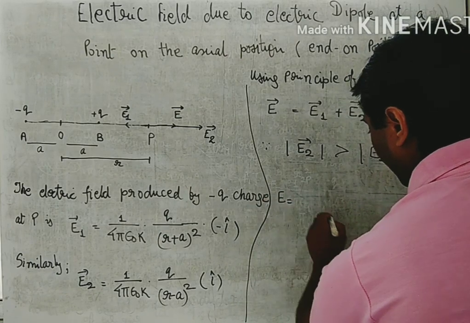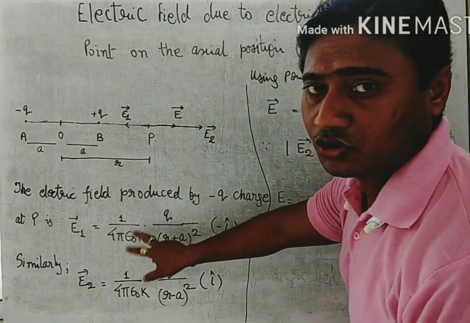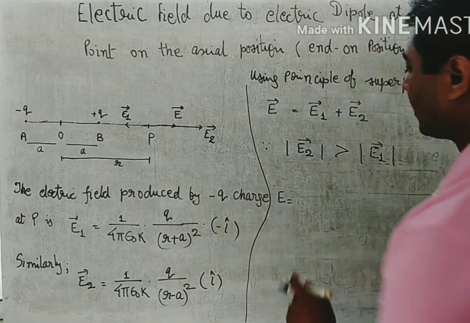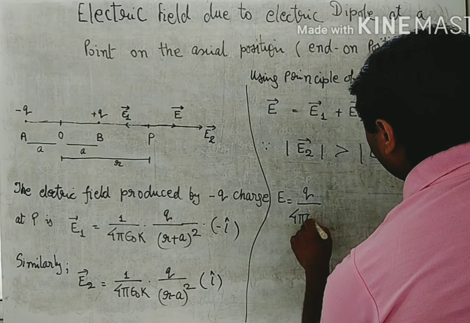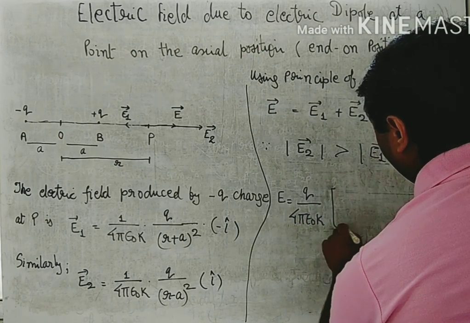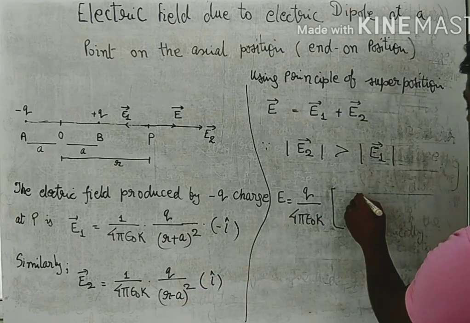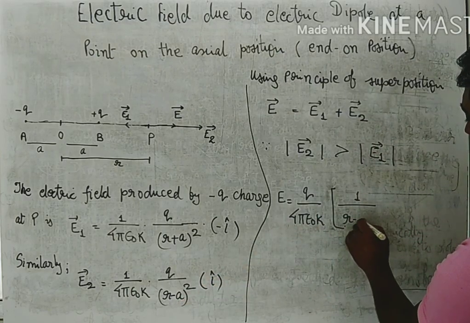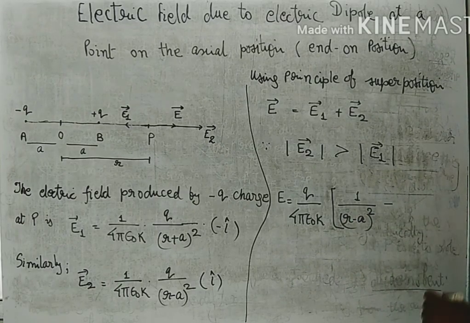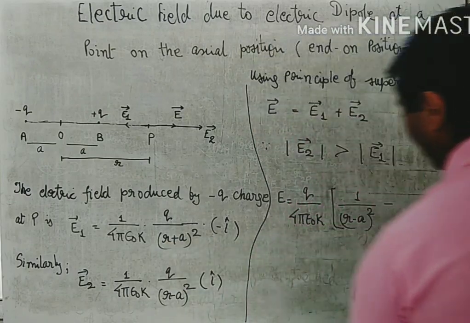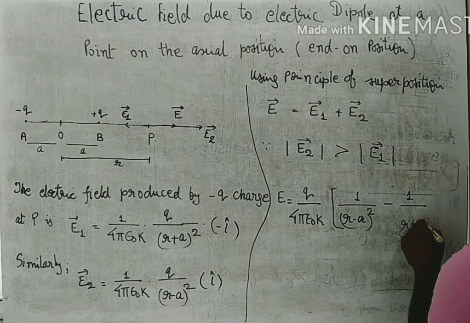E equals, now see, this Q upon 4 pi epsilon naught K will be a common term, so we can write it separately. Now inside we have E2. E2 is this one: 1 upon (R minus A) square minus 1 upon (R plus A) square.